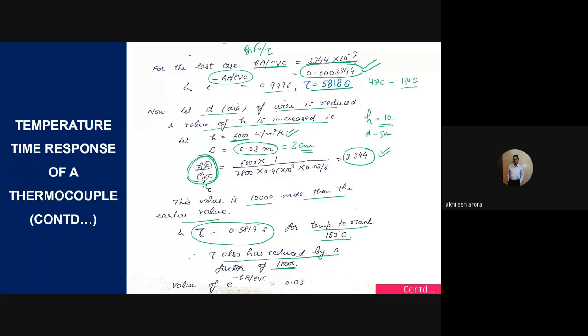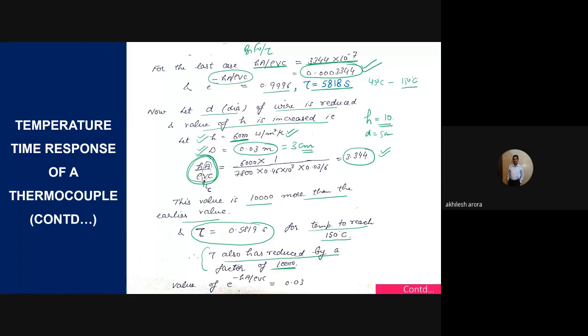And why could it reduce? Because we have made two changes, the first one not in the body, rather in the fluid: the heat transfer coefficient has increased, and the diameter has reduced. We could have got such an effect by reducing the diameter more, because in case of a thermocouple, the diameter of the bead is very, very small, maybe in millimeters rather than centimeters. 3 centimeter is quite a big value, 5 centimeter even bigger.